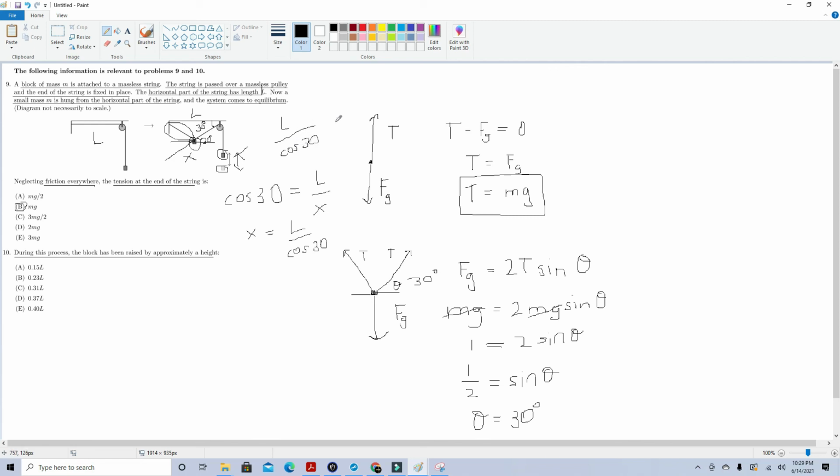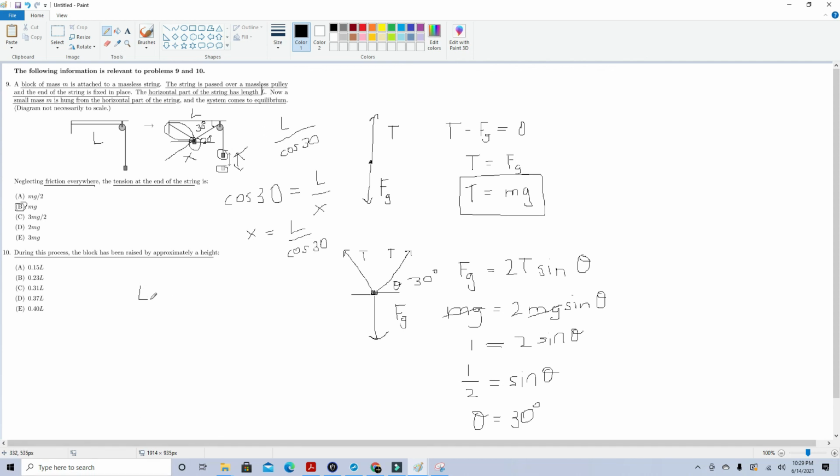So now that we found the amount of string in the horizontal section in the final diagram, and we already knew the amount of string in the horizontal section in our initial diagram, we can subtract them to figure out how much string was added to the horizontal section. And as I said, once we do that, we figure out how much string was taken away from the vertical section.